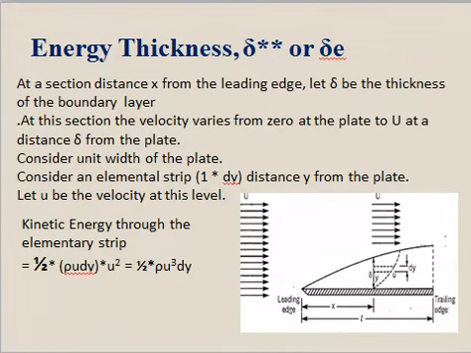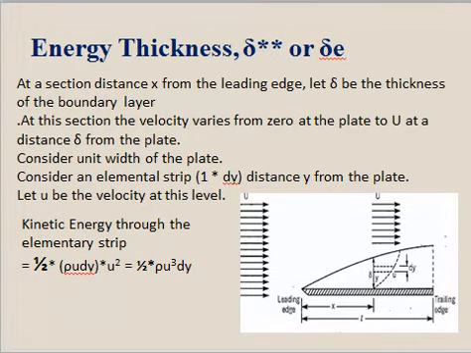Now consider any elementary strip at a distance y from the surface and of thickness dy. In this case the velocity is small u. It is the instantaneous velocity at a distance y. Again we are going to consider the unit width of the plate.